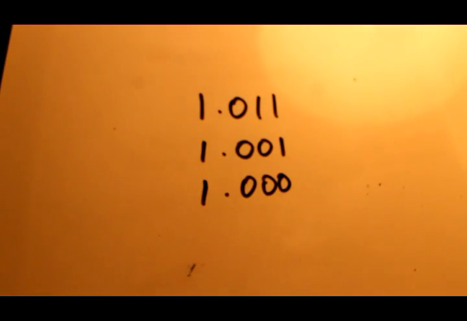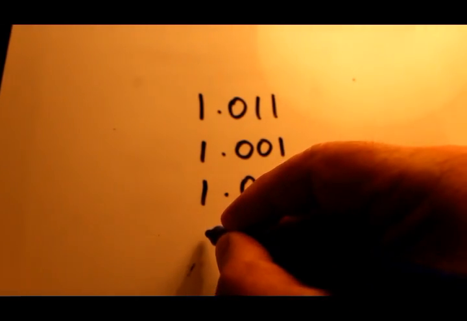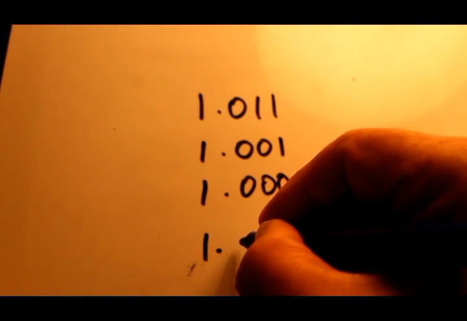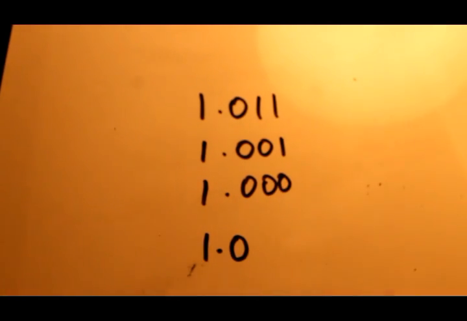These are all normalised negative numbers because they all start with a 1 and after the decimal point have a 0.